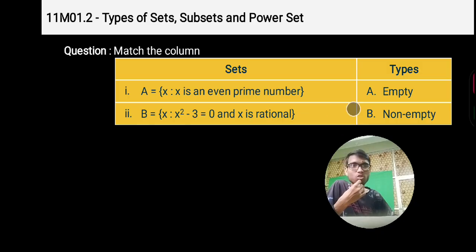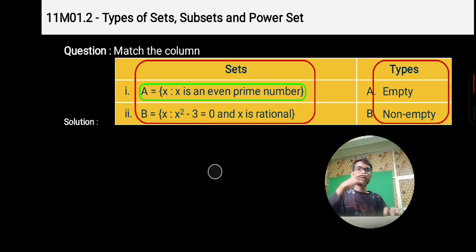So I think this would be empty, and here we have one element, so this would be non-empty. This is empty. If we put a rational number, 1 by 2, 1 by 1, then we are not getting 0. 1 by 2, again we are not getting 0. 1 by 3, again we will not get 0. So here we don't have any element in set B. That's why this is matching this, just opposite.